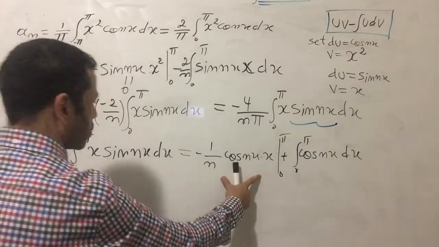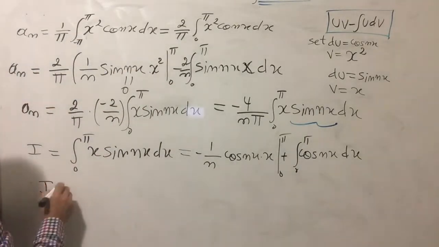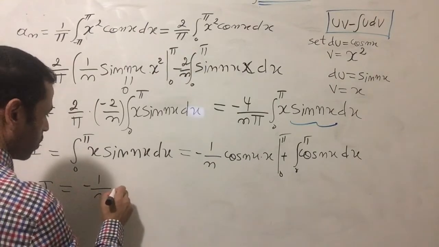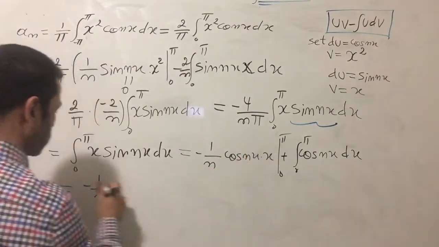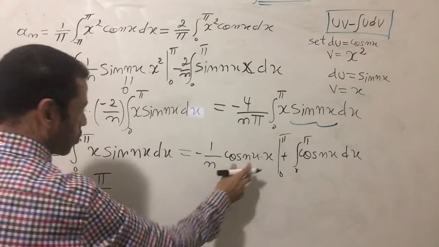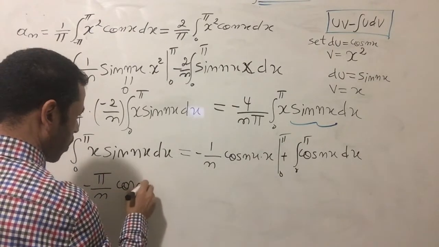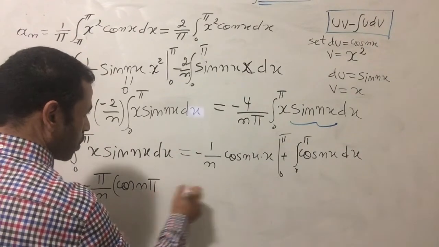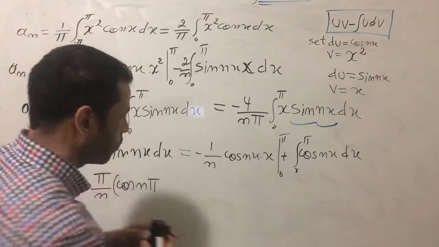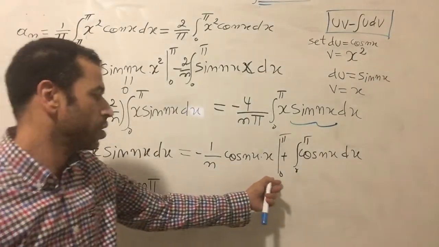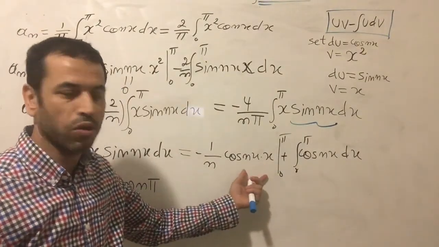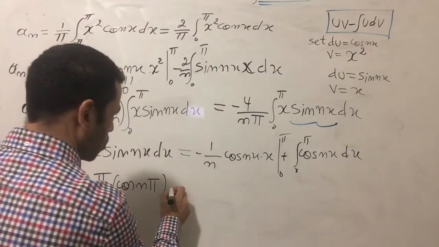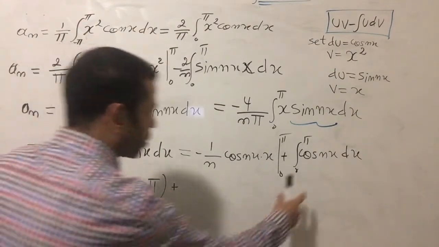I'm going to evaluate this part. So I becomes minus 1 over n multiplied by this x, which is pi, cosine of n pi, minus, if you plug 0 into x it gives you 0, so plus this integral.